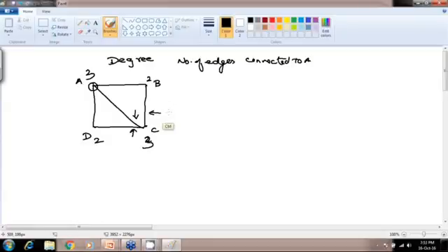And let's say that there are 4 cities A, B, C, and D, and they are connected through these lines. Let's say there is this line from A to C, and this is one way. So now let's take an example. Let's say a postman wants to deliver some letters in all these cities A, B, C, and D. So these are the 4 cities where he has to go and deliver the letters. But on the way, he has to travel through these paths.